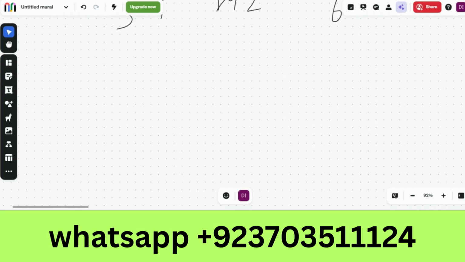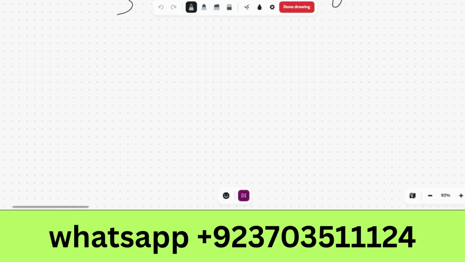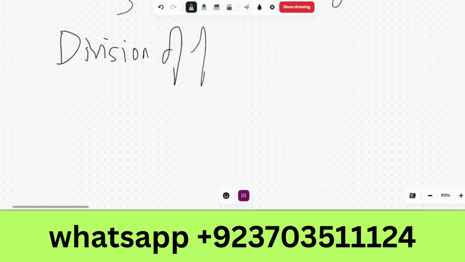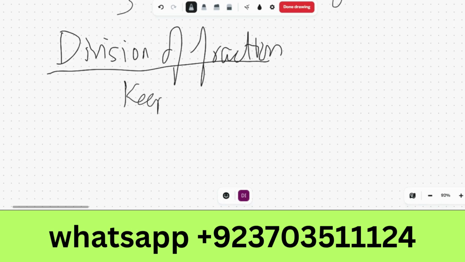Now we are going to talk about how we can divide fractions. For division of fractions, keep the first the same and flip the second value.